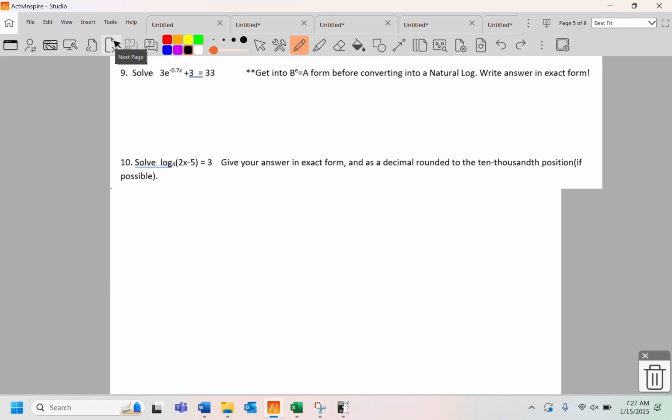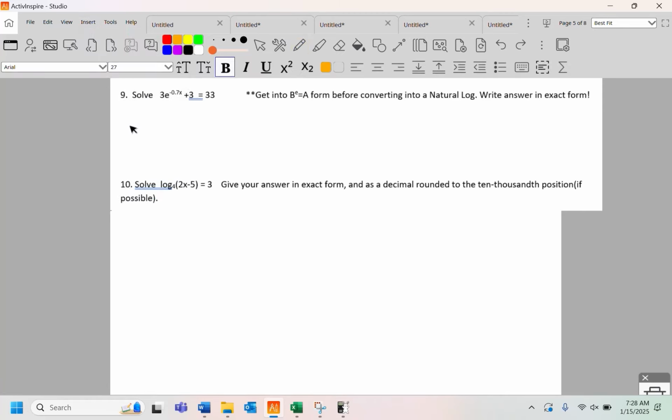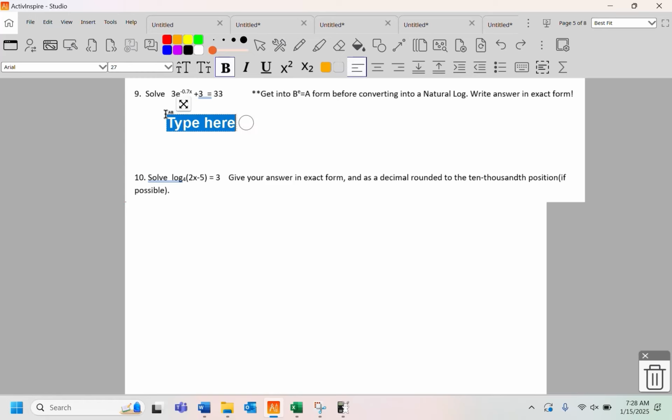Solve 3e to the negative 7/10 of x plus 3 is 33. And we're going to do it the way Milbrath teaches. We're going to do easy things first, right? That's how I've taught these things. So the very first thing I'm going to do is take away 3 from both sides.